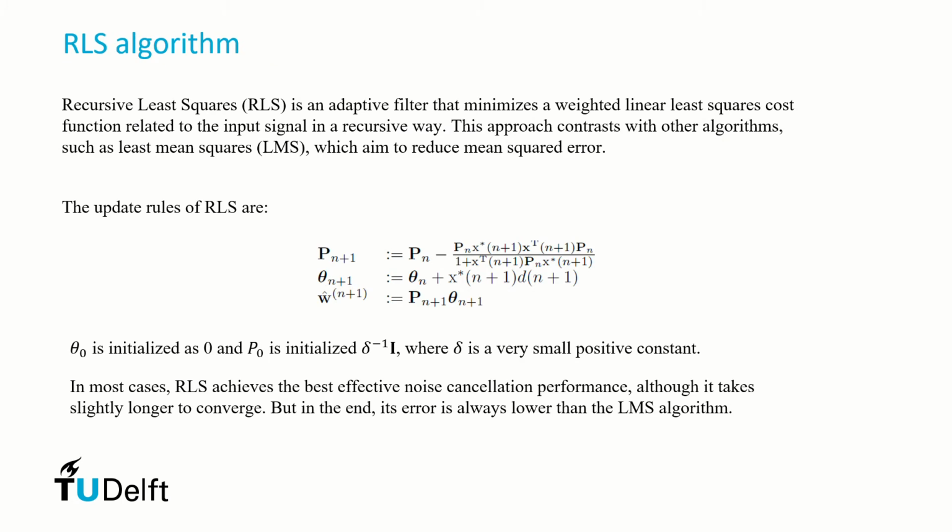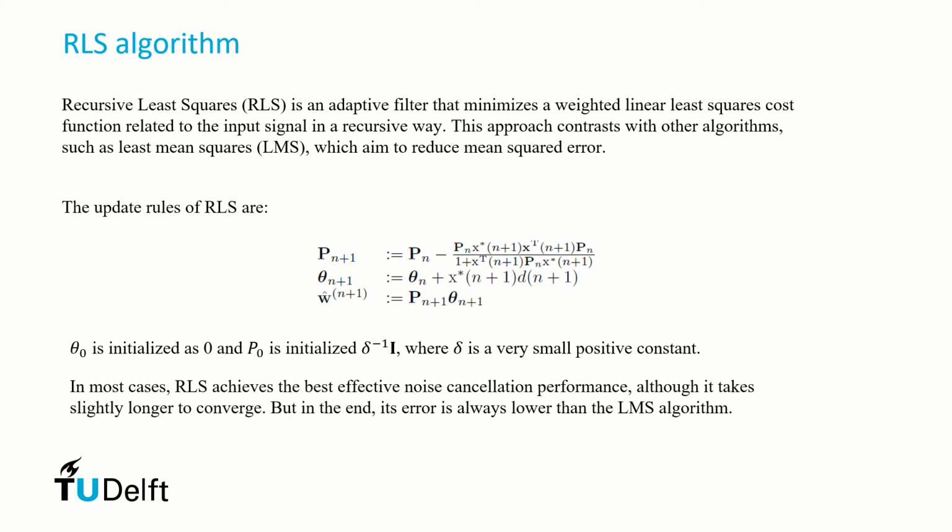And the last algorithm we are going to introduce is the RLS, which is also called the recursive least squares. It is an adaptive filter that minimizes a weighted linear least square cost function related to the input signal in a recursive way. This approach contrasts with other algorithms, such as LMS, which aims to reduce mean squared error.